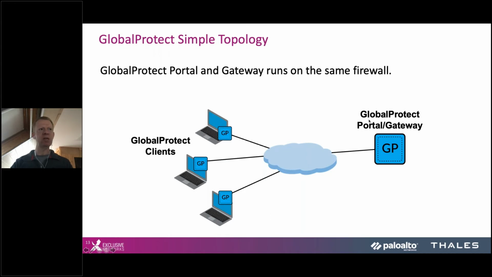Now, the portal is going to provide the client with all the configuration parameters, and the gateway, in fact, is going to terminate the actual client VPN. Okay, so this is the most simple setup where we only have one firewall, which is acting both as the GlobalProtect portal and the gateway.